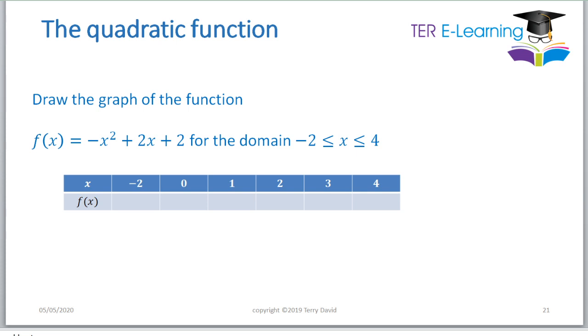So this is what the table would have looked like, right? So you're going from minus 2 straight up to 4. So I'm going to ask you all to work out f of minus 2 for me. So what is f of minus 2?